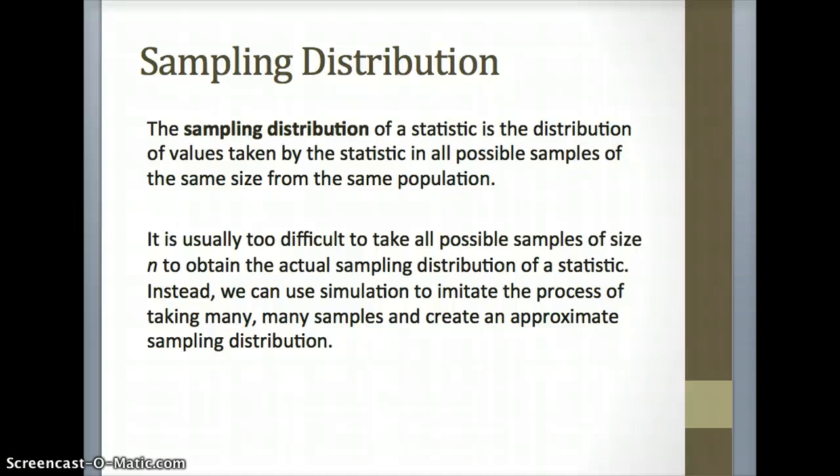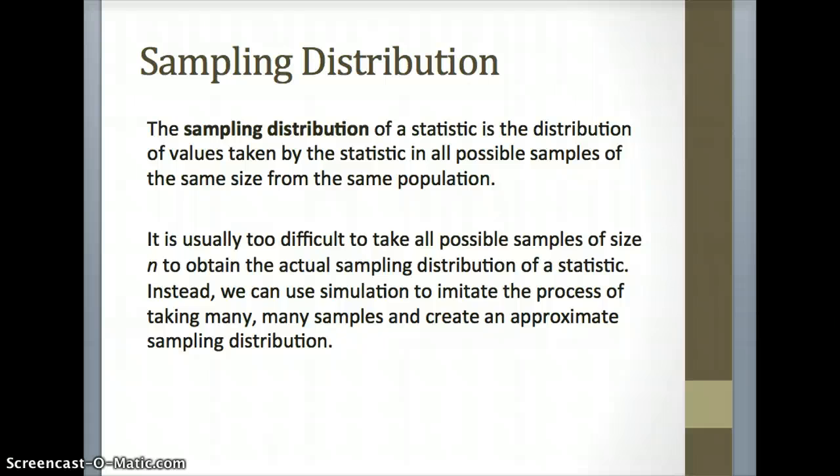So you are always going to take less than what's possible, but you're simulating a sampling distribution. The sampling distribution of a statistic is the distribution of values taken by the statistic in all possible samples of the same size of the same population.